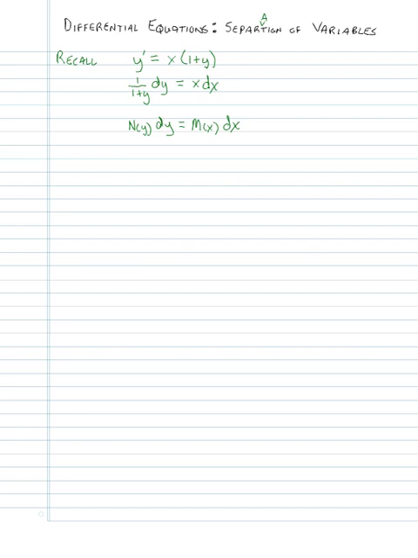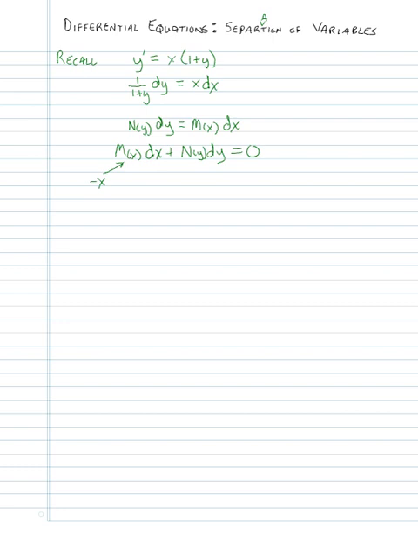And so I could have actually subtracted x dx on both sides, and although it's not the same function, I'm going to write on the left side the function of x, m of x dx, plus the function of y, n of y dy, equals 0.